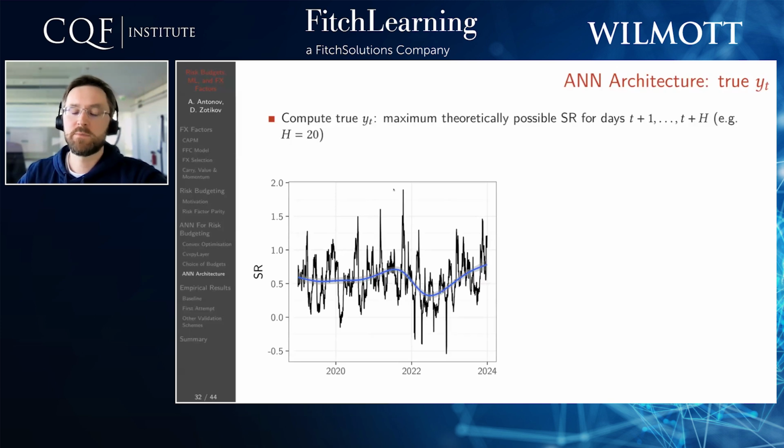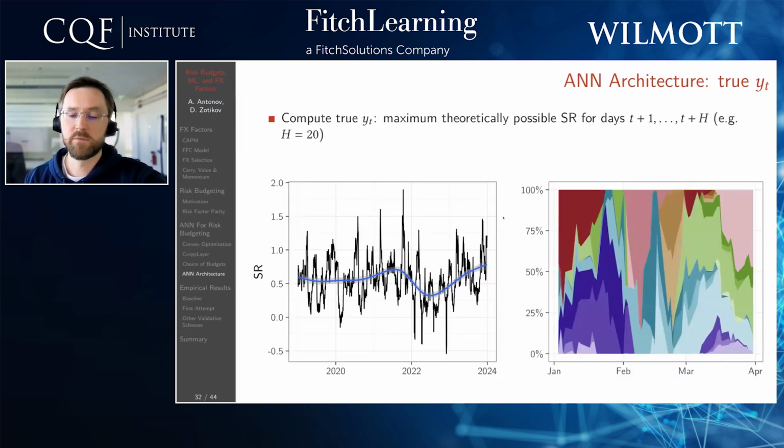So we computed the Sharpe ratio in sample, and here I'm showing its graph. The Sharpe ratio for the asset universe stated above ranges from minus 0.5 to more than 1.5, and averages at about 0.5.